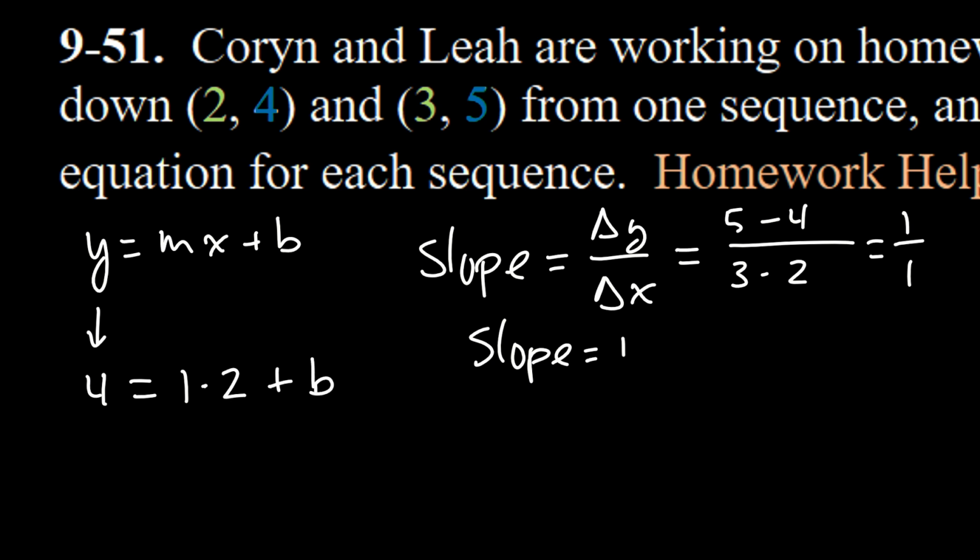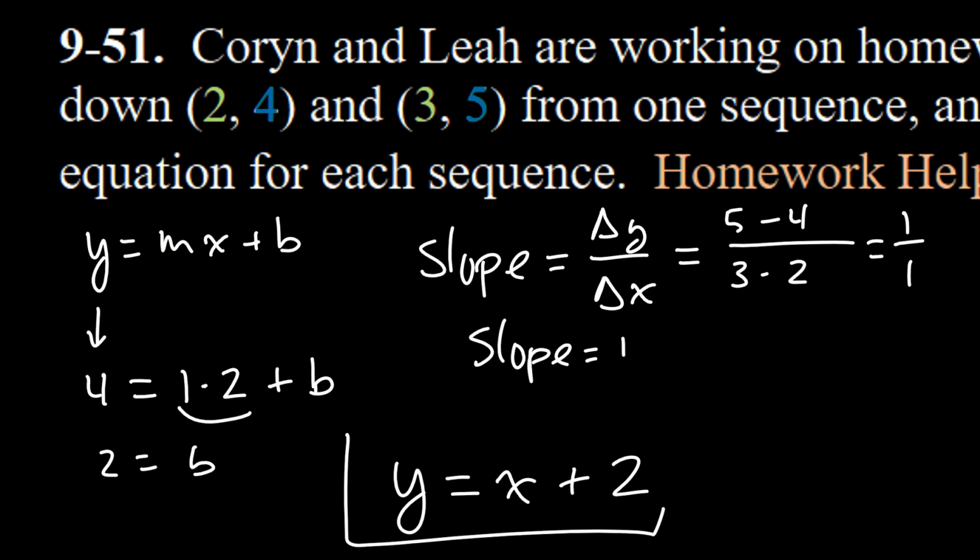So to solve this for b, I'm just going to take away 2 from both sides. 4 minus 2 is 2, so 2 is what b is. So my equation is y equals x plus 2. So that is one of the sequences.